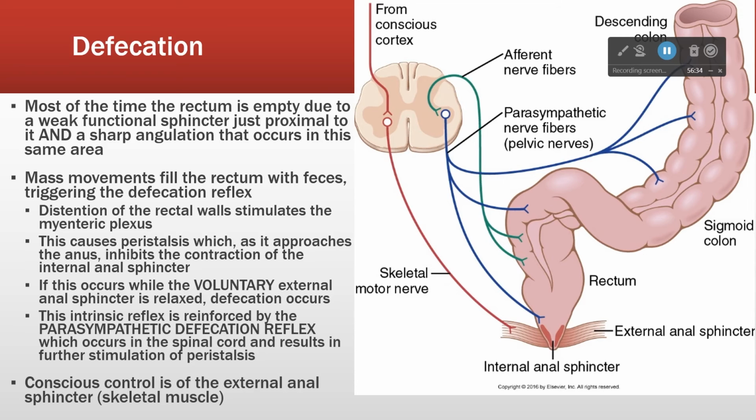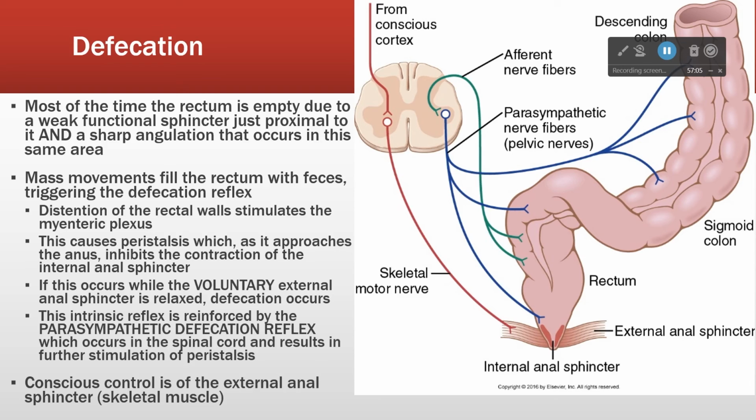So then if the organism puts themselves in a place where that is a reasonable thing to do, then they can voluntarily relax the external anal sphincter, and the peristalsis continues and empties the rectum, right? So that's the voluntary version. It's pushed against a closed sphincter until the closed sphincter is consciously open, and then it pushes its way out.